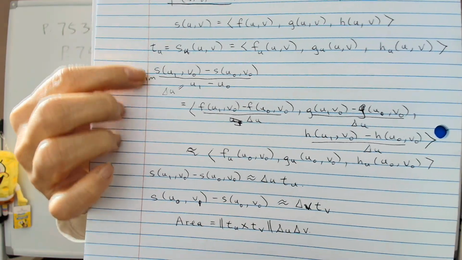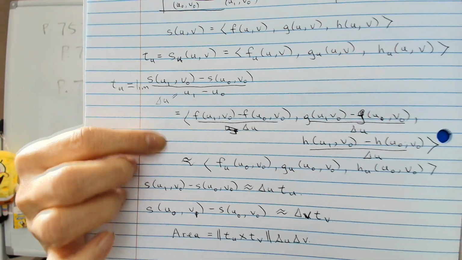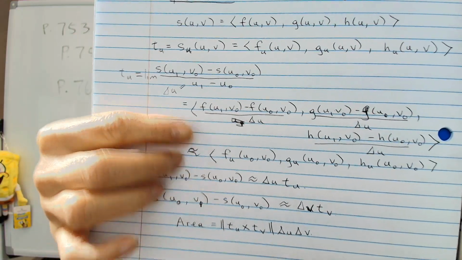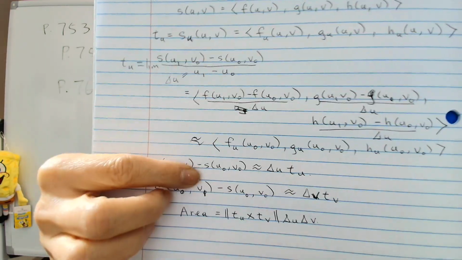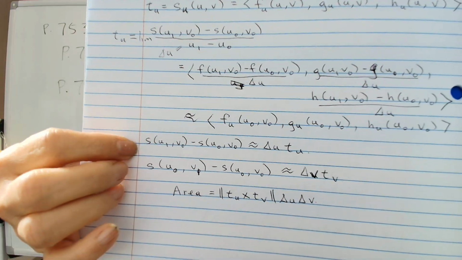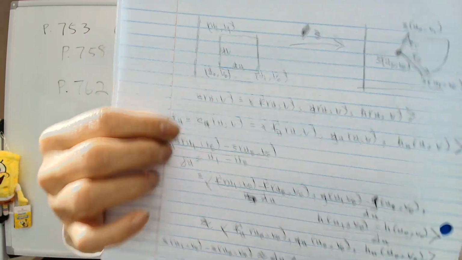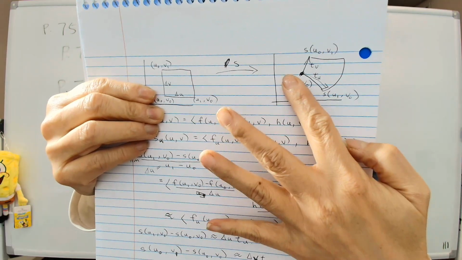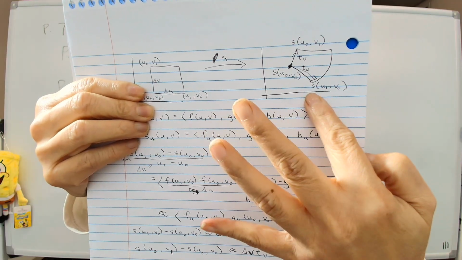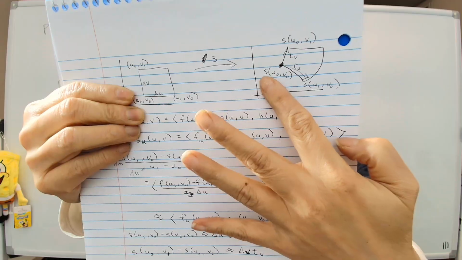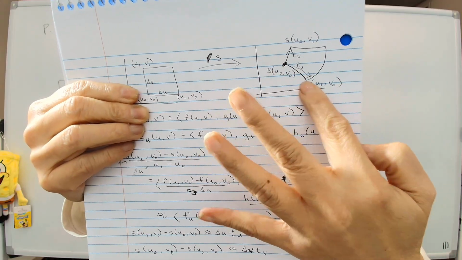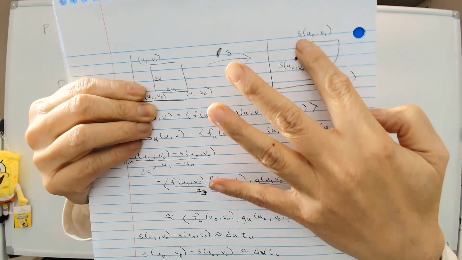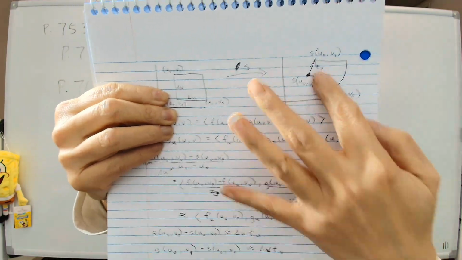We're dividing by delta U right here, so we can keep this and multiply delta U to the other side, which means delta U times the tangent happens to be the length of this vector that goes from the old point to the new point in this direction. TU is as long as this. And similarly, TV is the tangent in that direction, and is as long as that distance.